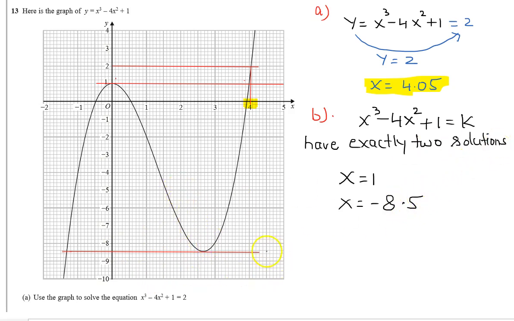So at these two places, one is this and another one is this, you can see it's crossing the graph at only two places. So it means it is having exactly two solutions. So the values of k are 1 and minus 8.5.